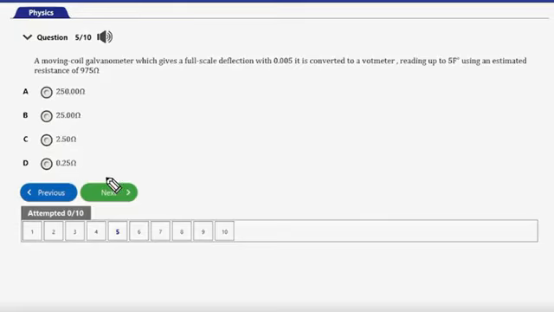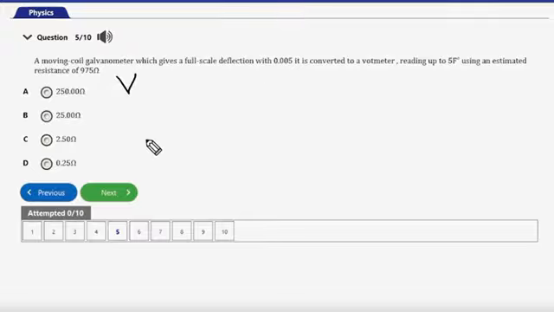So here, what we are going to do is, first of all, we'll note that since this is a series connection, actually when we convert a moving coil galvanometer to a voltmeter, we do that by making a series connection between the galvanometer and a multiplier.